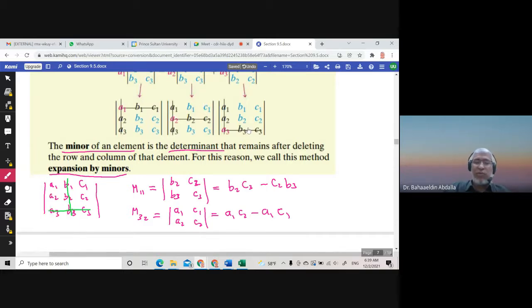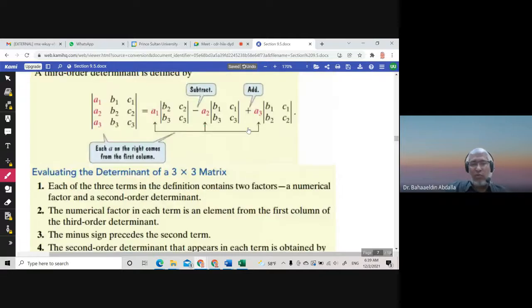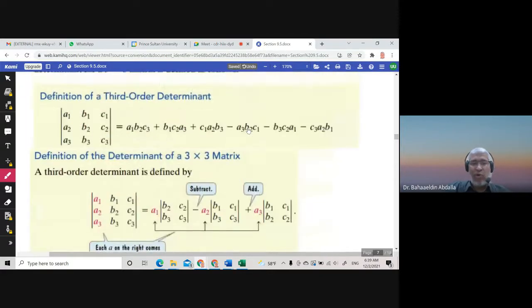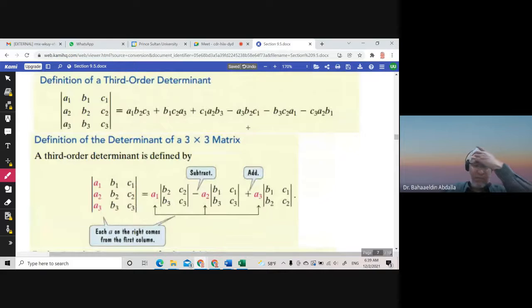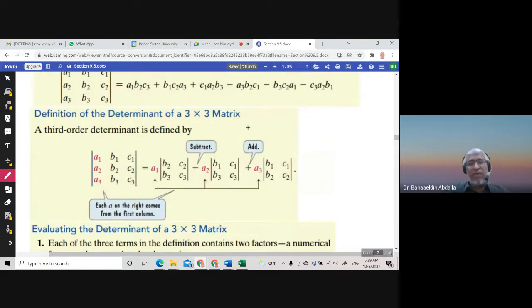You choose a column or a row in the determinant, and the determinant of a 3 by 3 matrix would be each number multiplied by its minor. So for example here, this determinant would be equal to A1.